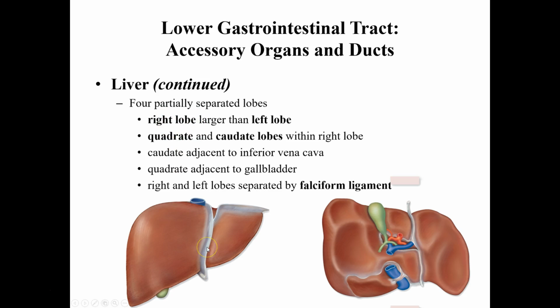So we have a right lobe and a left lobe, a caudate lobe and a quadrate lobe. The left and right are separated by the falciform ligament. The quadrate lobe right here is by the gallbladder, and then you have the caudate lobe right here.